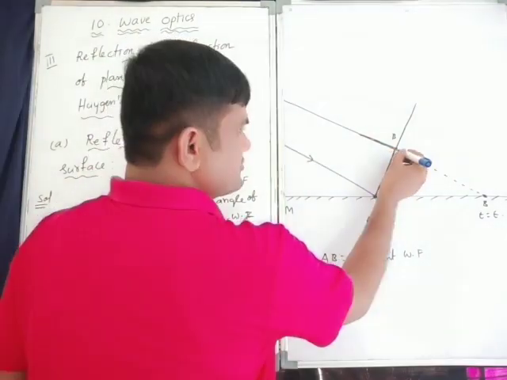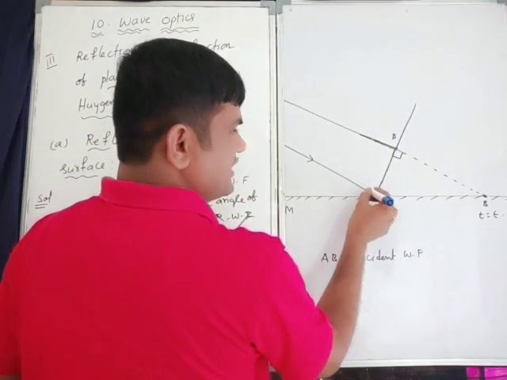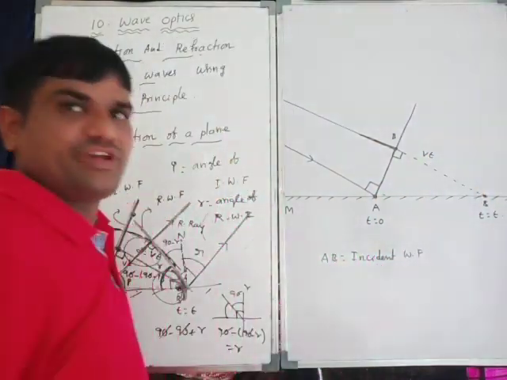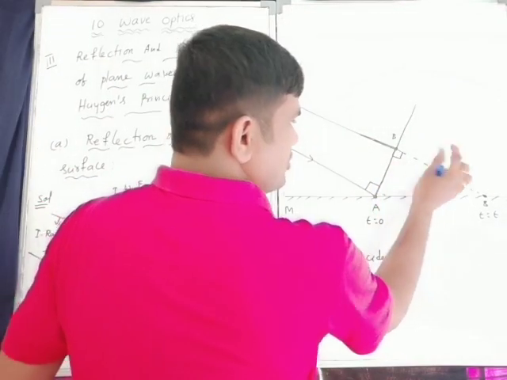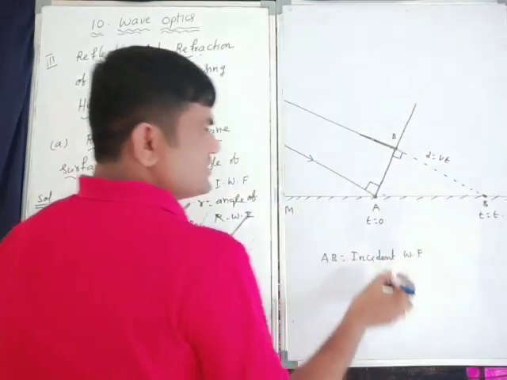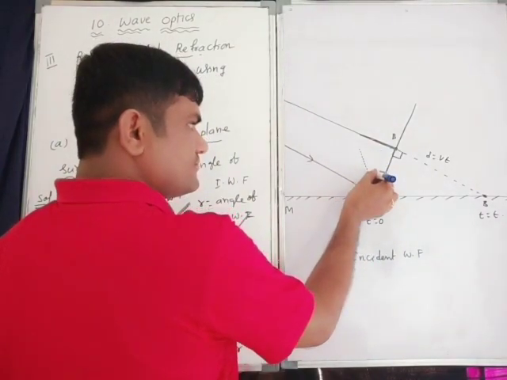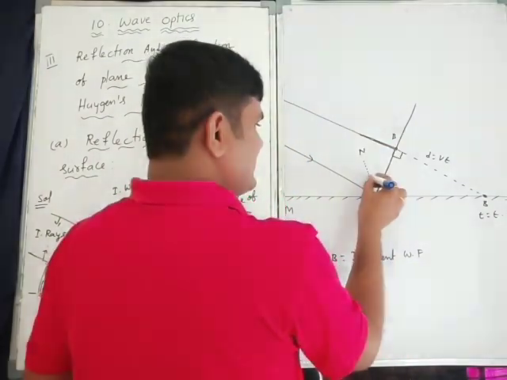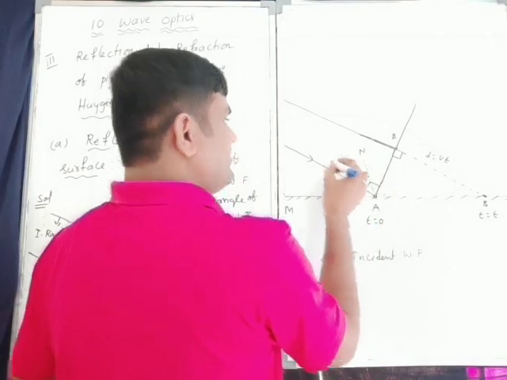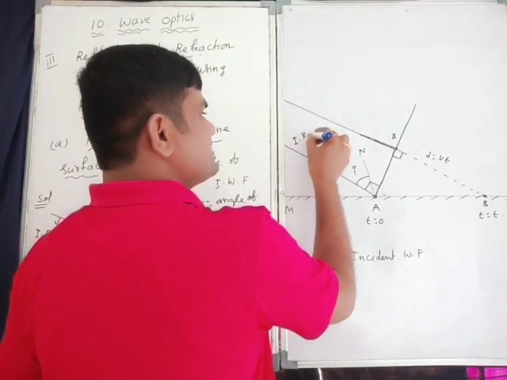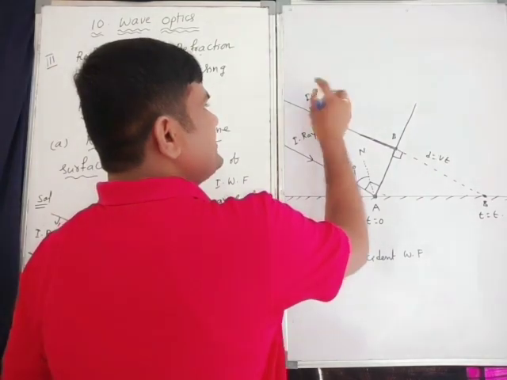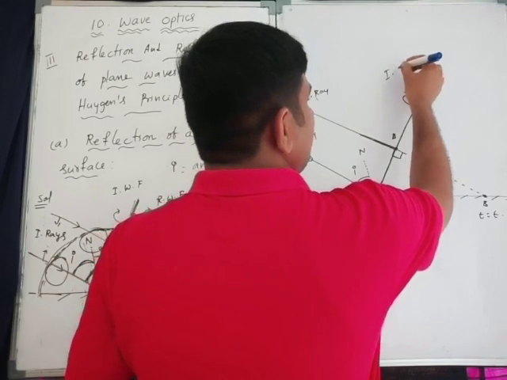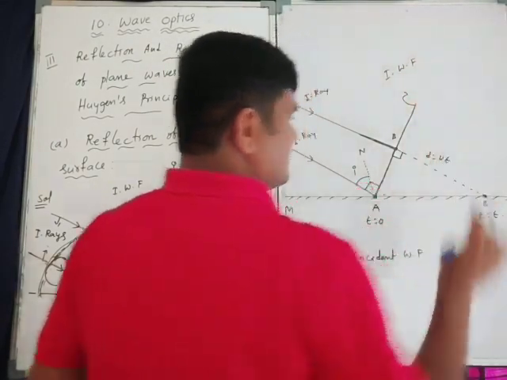So here the angle is how much? 90 degrees. Here also 90 degrees. So this is the distance V into T. D is equal to V into T. So now I can draw the normal here. This is the normal N. So this angle is the angle of incidence I. Remember this is an incident ray, this one also an incident ray, and this is the incident wavefront.